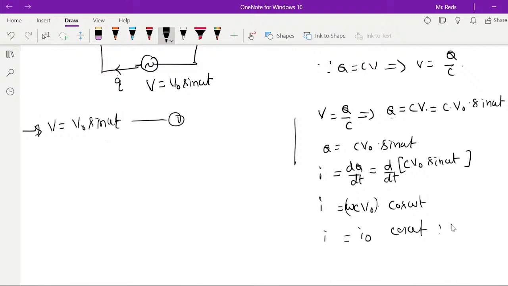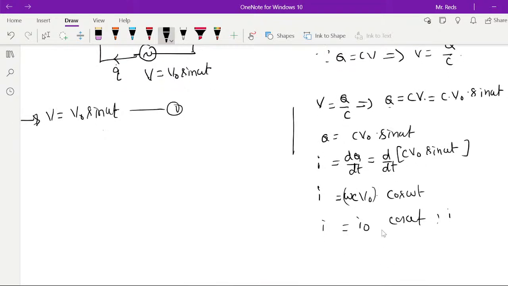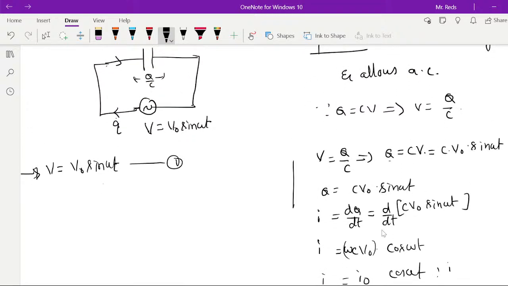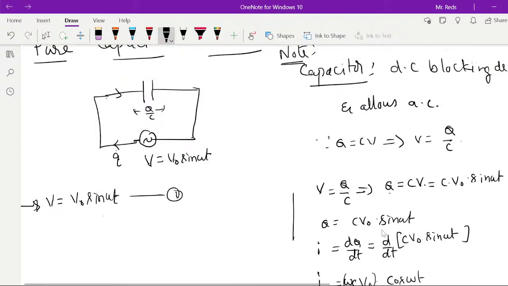Where I naught is equal to, from Ohm's law, potential by resistance. In the inductive circuit also we introduce one term, and now we will compare the related term.